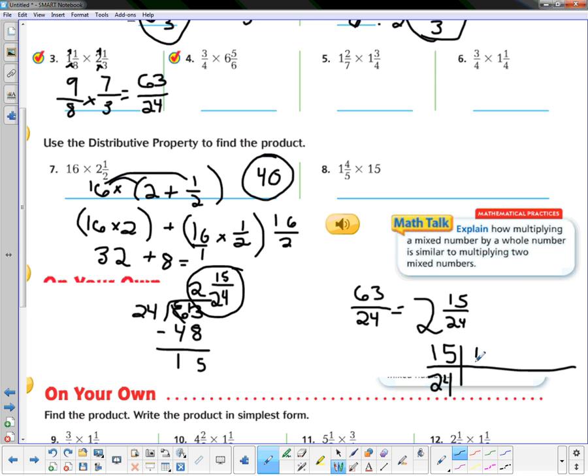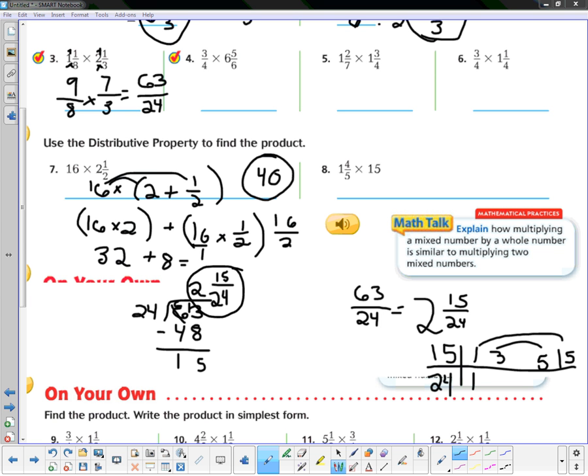15, remember I always pick the smallest one first. 1 and 15. 3 can go into 15 5 times. And that's it. Okay. So, can 1 go into 24? Yes. Can 3 go into 24?